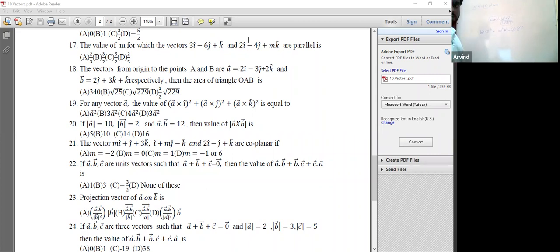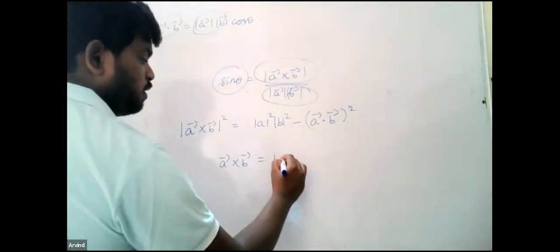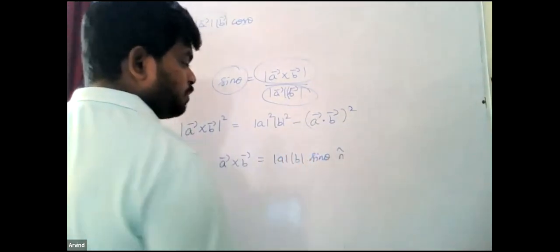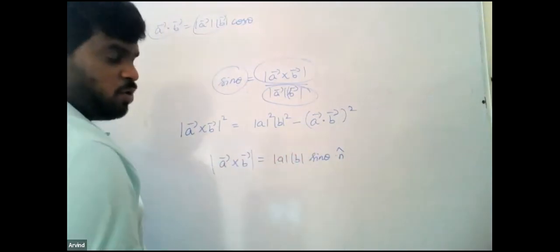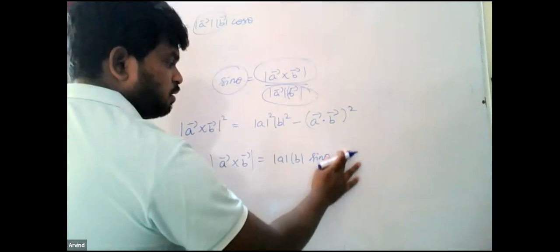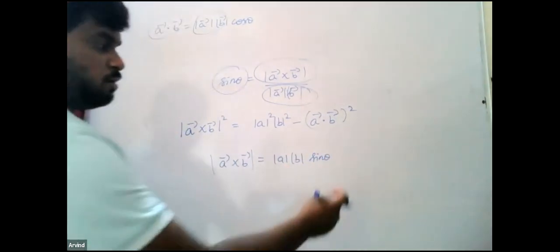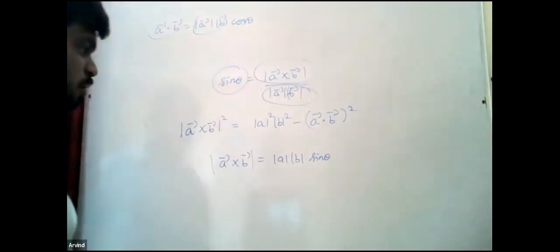Use this formula, you'll get the answer. I'll also show you how you got this formula. If you don't remember, see, a cross b is equal to mod a mod b sin theta into n cap. If you take the modulus of this, mod of mod a is mod a itself, it doesn't matter. n cap is a unit vector, so the modulus becomes 1.